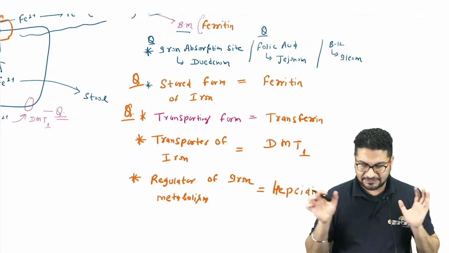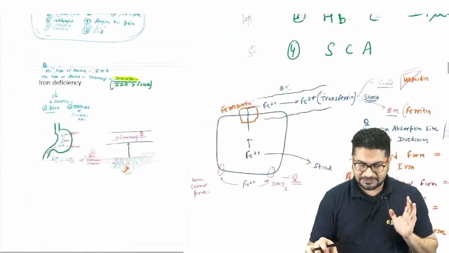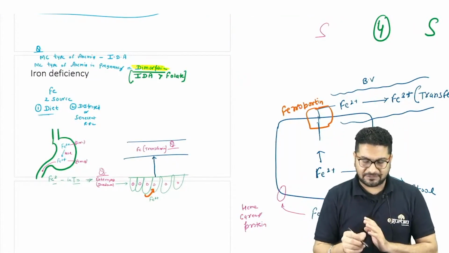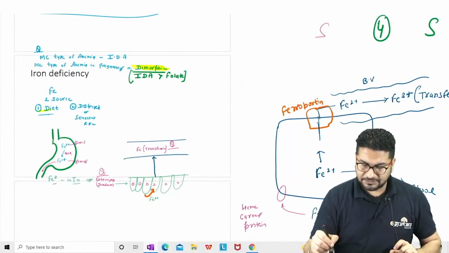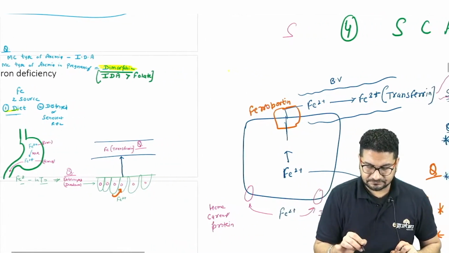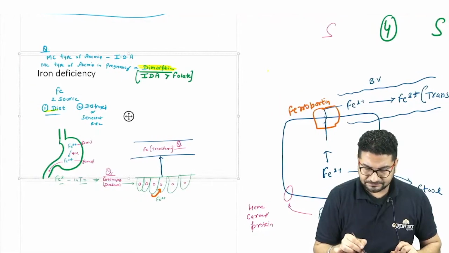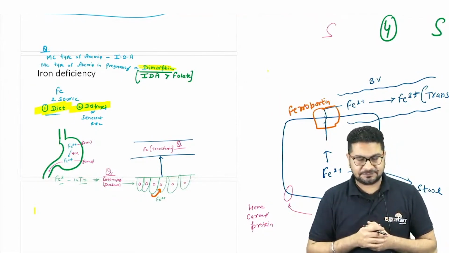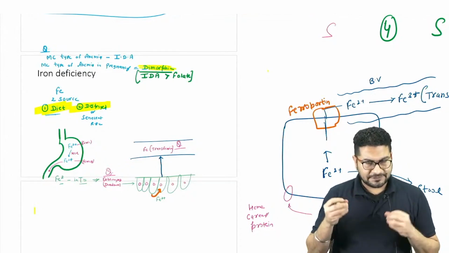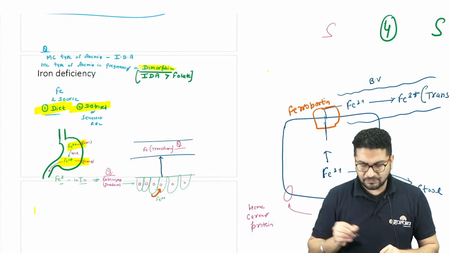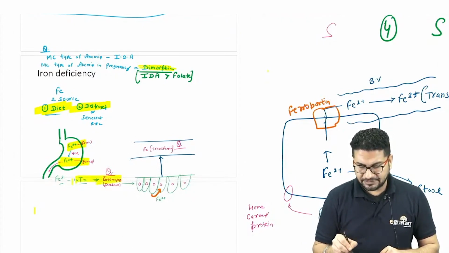So let us see once again for the last time. Then I think this will be at your fingertips. We have two sources of iron: either from the diet, or from senescent RBCs, I mean RBCs which are dying. Iron comes into the stomach in ferric form, then it converts into ferrous form, Fe2+, in the duodenum.